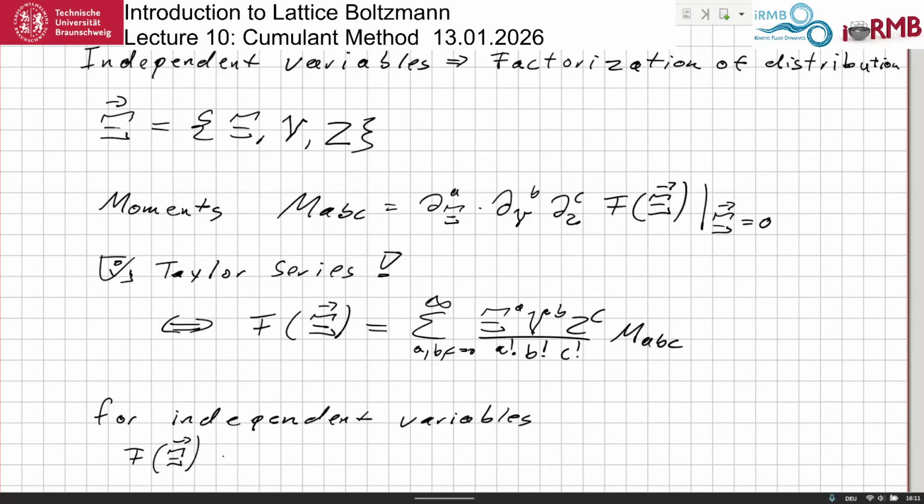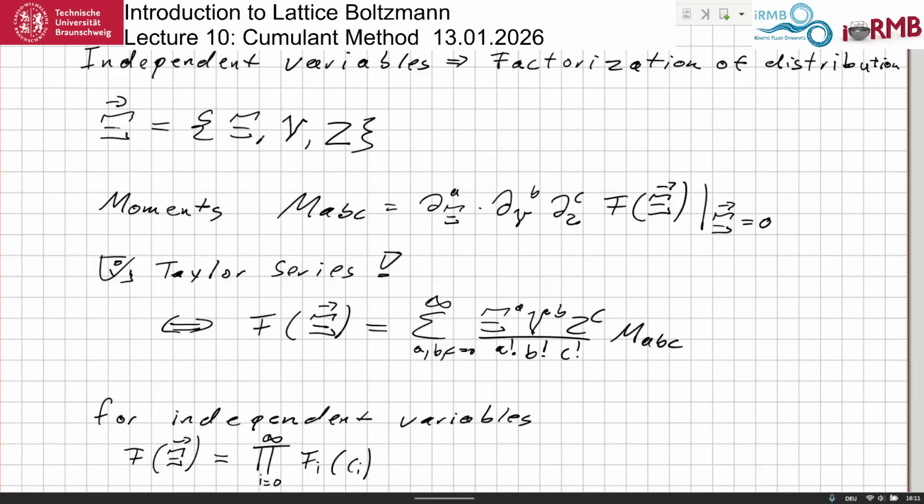So then we propose that this can be written as a product from 0 to infinity over something f_i that depends on variable c_i. And these c_i are the independent variables. We don't know how they look, but they have this property. So now we have this product.